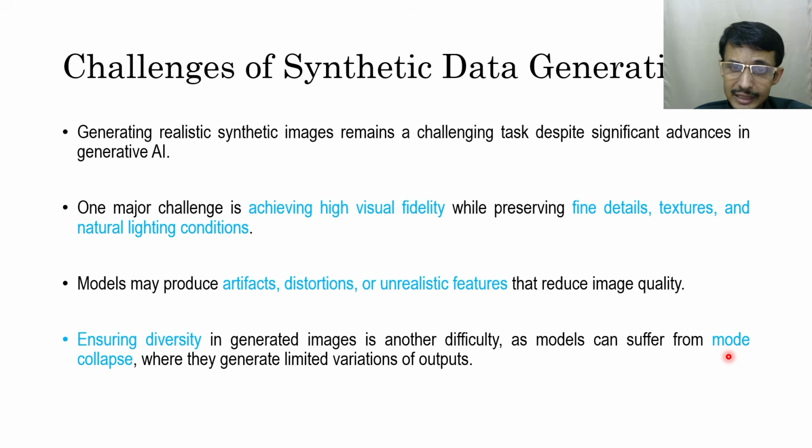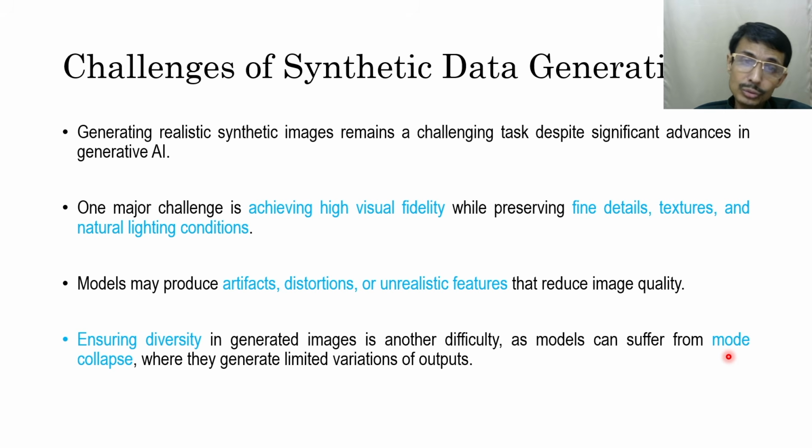So the level of diversity is less, and that is one of the major difficulties. This difficulty is known as mode collapse. The model generates limited variation in outputs.